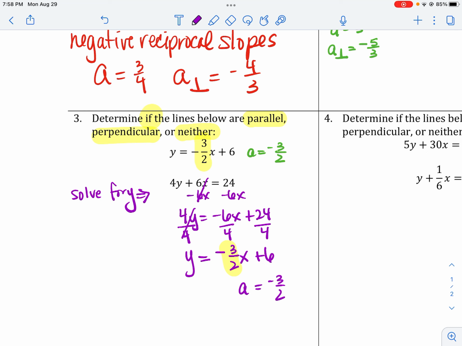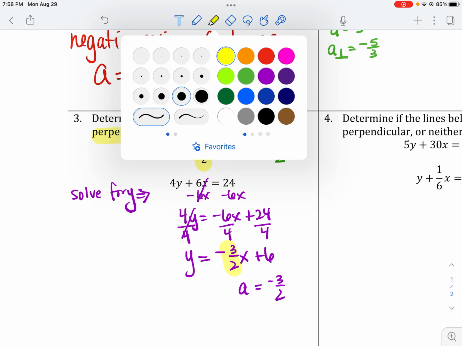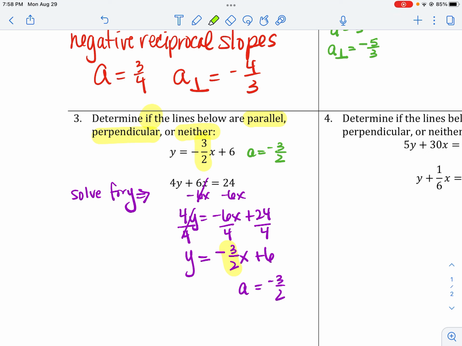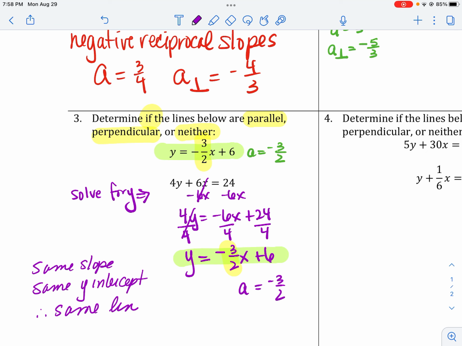So first we look at it and think they're parallel. But then let's go back and look at the equation. Negative 3 halves plus 6, negative 3 halves plus 6. Same slope, same y-intercept, therefore same line.